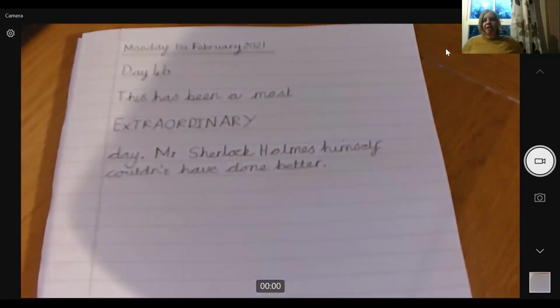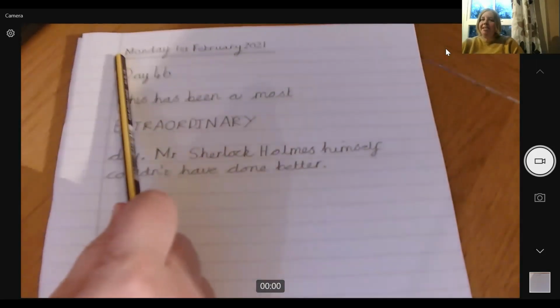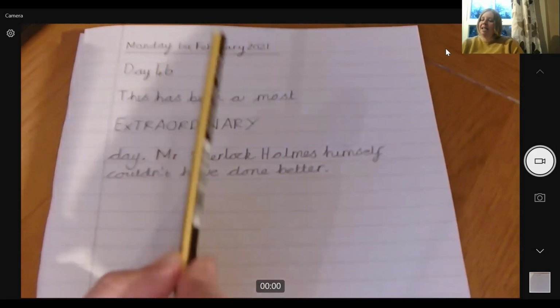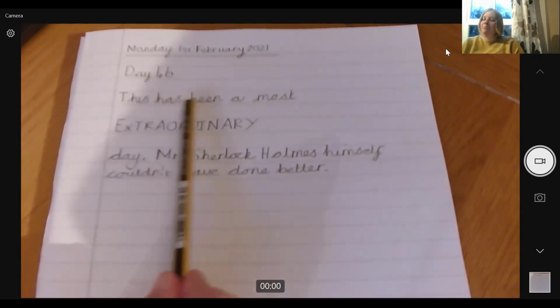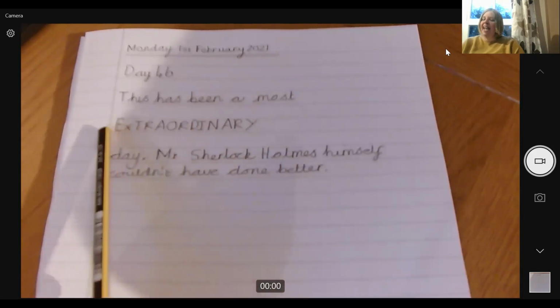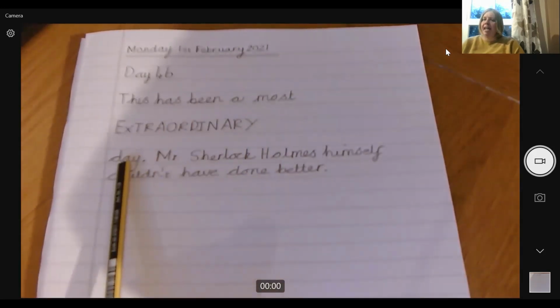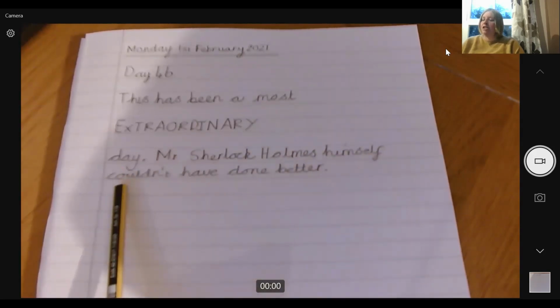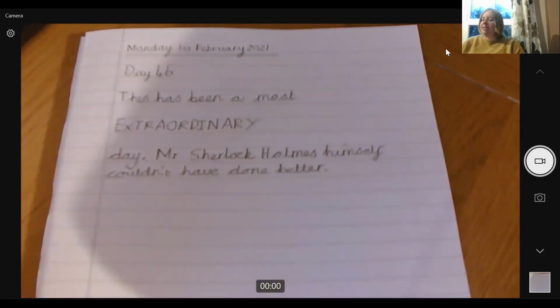So let's have a look at my writing so far. I've got my date, which is underlined. Day 46. This has been a most extraordinary day. Mr. Sherlock Holmes himself couldn't have done better.